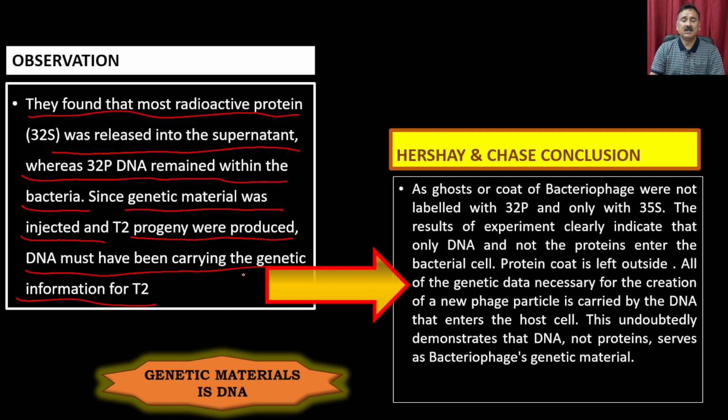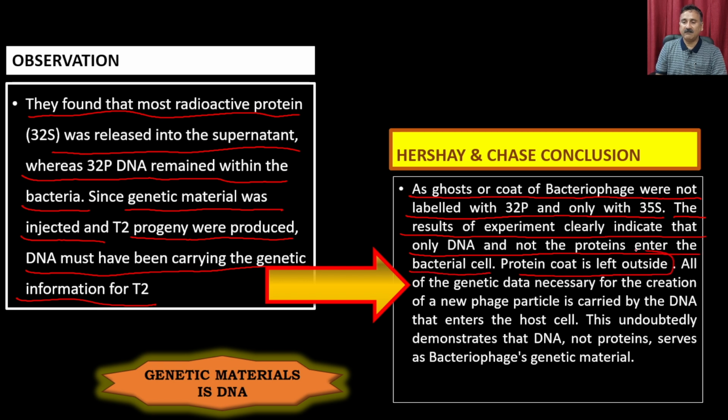This means the genetic information was there inside the bacteria to produce the viruses, and that was nothing but the DNA. The ghosts, or coats, of the bacteriophages were not labeled with 32P but only with 35S. The result of the experiment clearly indicates that only DNA, and not the protein, enters the bacterial cell.